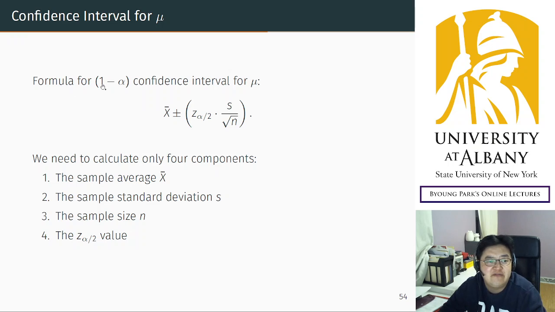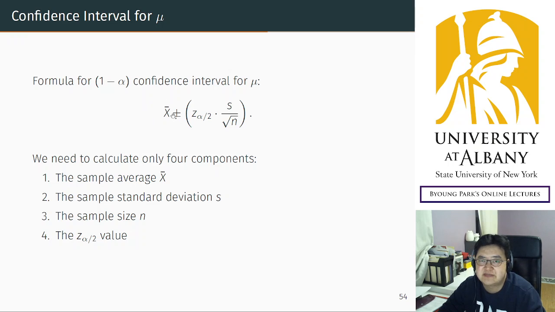And then given the error probability alpha, the confidence interval takes this form. To derive this, also the main idea is the normal approximation of x bar from the sampling distribution chapter, right?